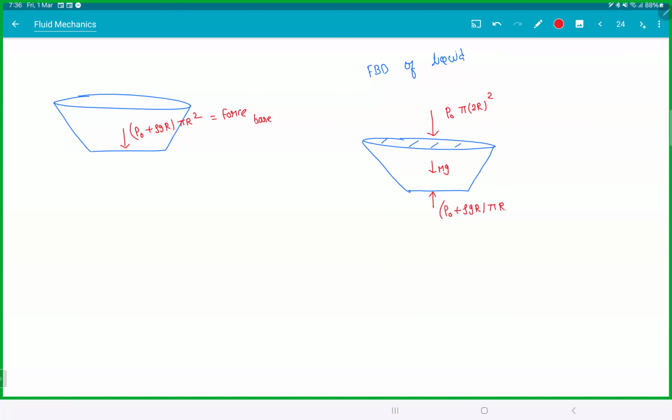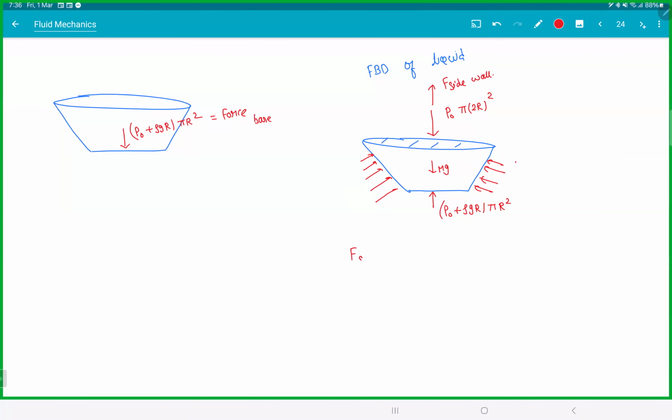That is the force due to the base. And then the side walls are also pushing. This force due to the side walls will be in the vertical direction. You can see the symmetry. Side walls are pushing like this, the resultant will be upward. Agreed?